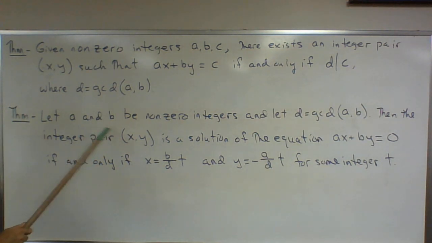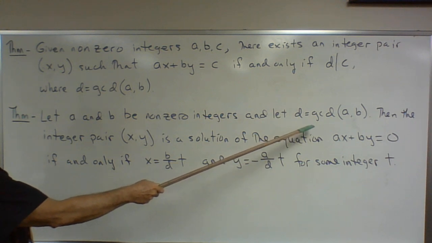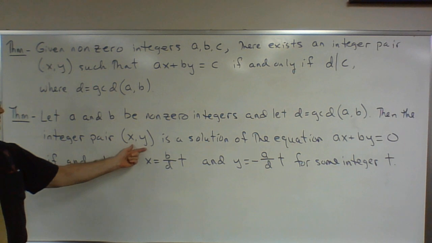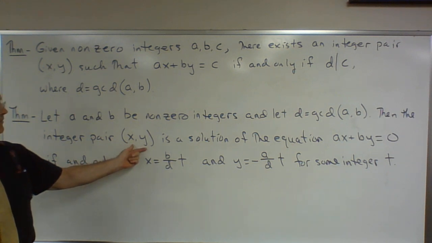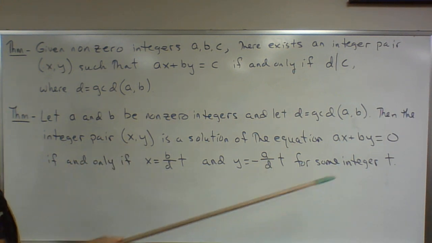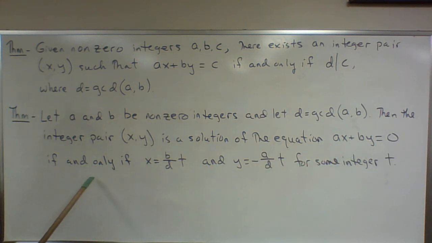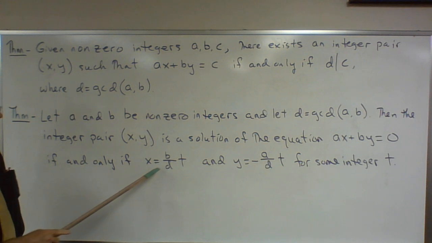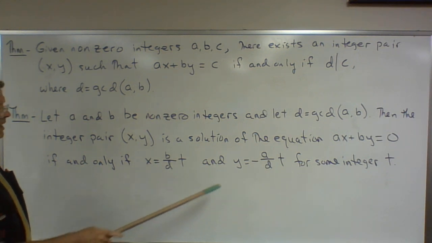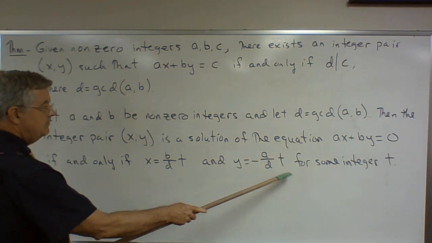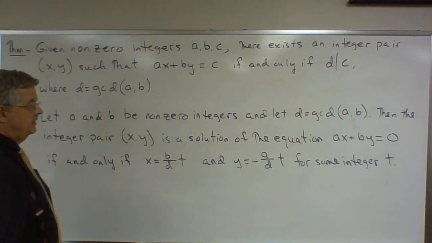Let a and b be non-zero integers, and let d be the greatest common divisor of a and b. Then the integer pair x y is a solution of the equation ax plus by equals 0 if and only if x equals b over d times t and y equals negative a over d times t for some integer t.